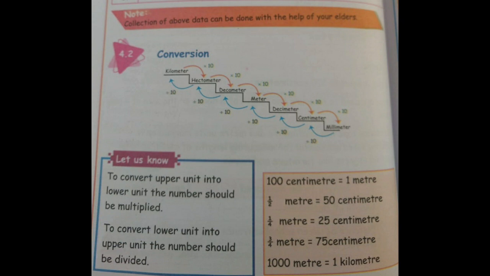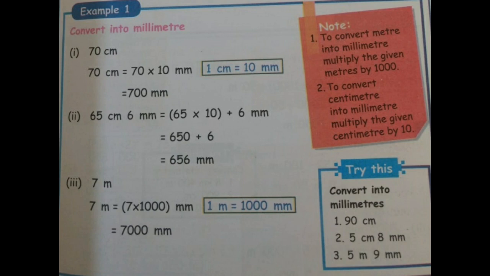Let us know, children, to convert upper unit into lower unit, the number should be multiplied. And to convert lower unit into upper unit, the number should be divided. Okay, children, we will do the sum with this rule. To convert meters into millimeters, we have to multiply the given meters by 1000.